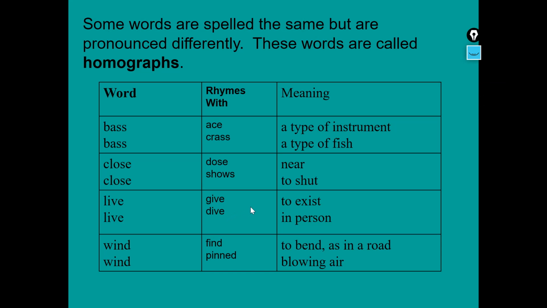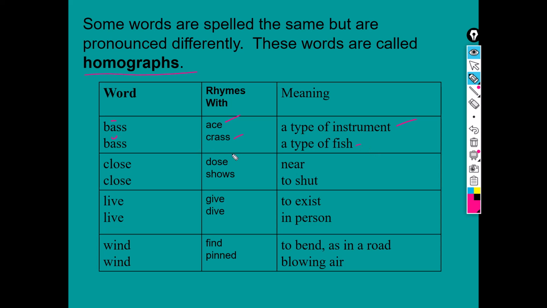Some words are spelled the same, but are pronounced differently. These words are called homographs. Here's an example. Bass sounds like ace, a type of instrument. Bass sounds like crass, a type of fish.